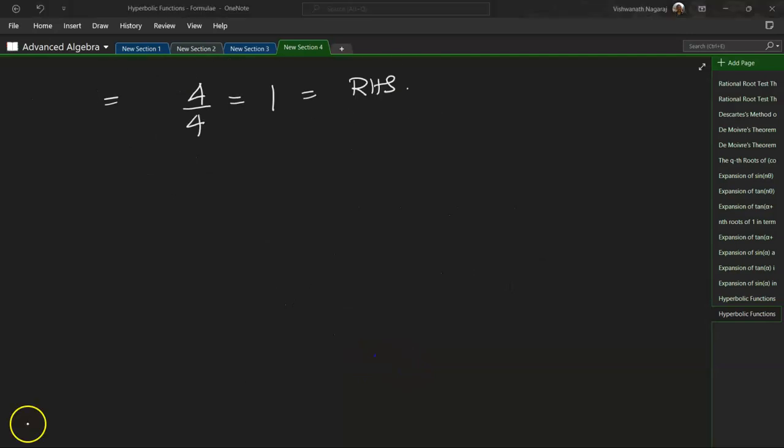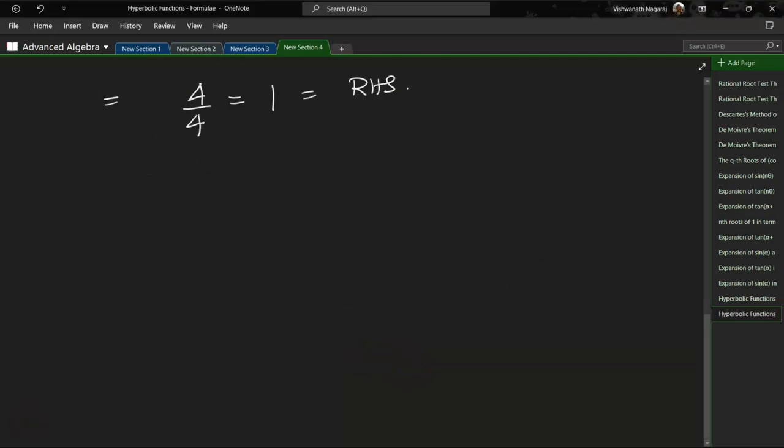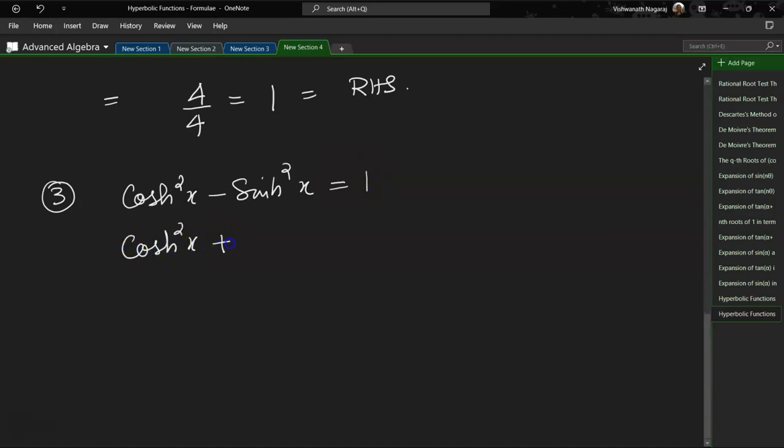Okay, in the previous two formulae we have cosh square x minus hyperbolic sine square x is equal to 1. And we have cosh square x plus hyperbolic sine square x equal to cosh 2x. Now, if we add these two, what happens? Sinh disappears.